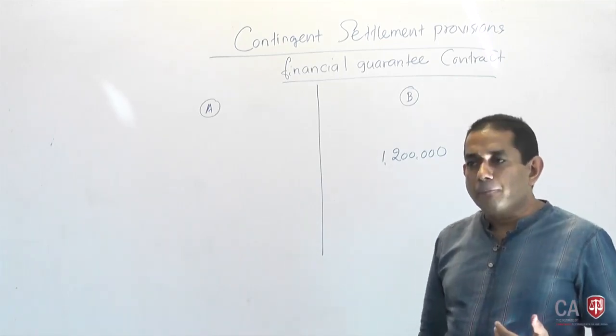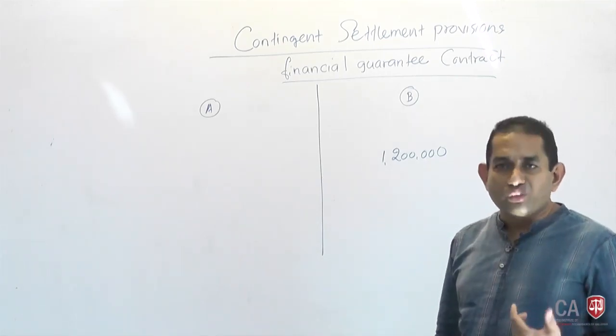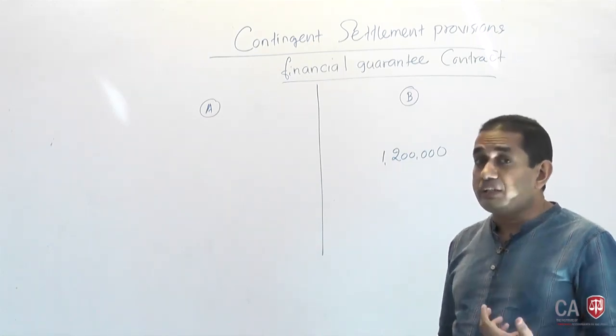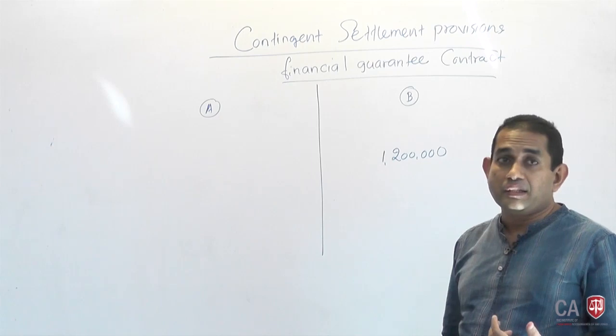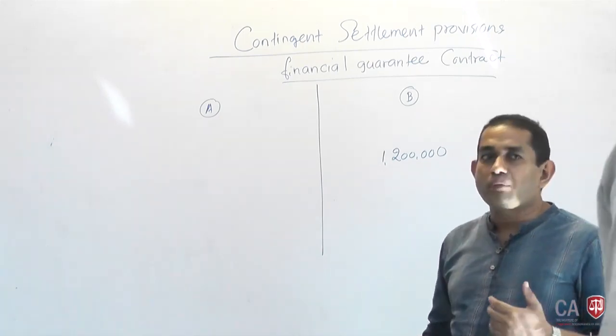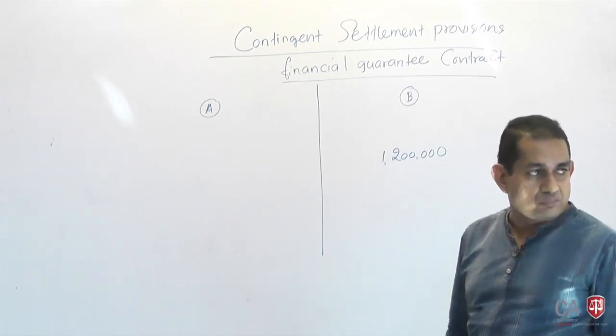B has been notorious for defaulting on capital payments and interest, and B's name has got blacklisted almost everywhere.